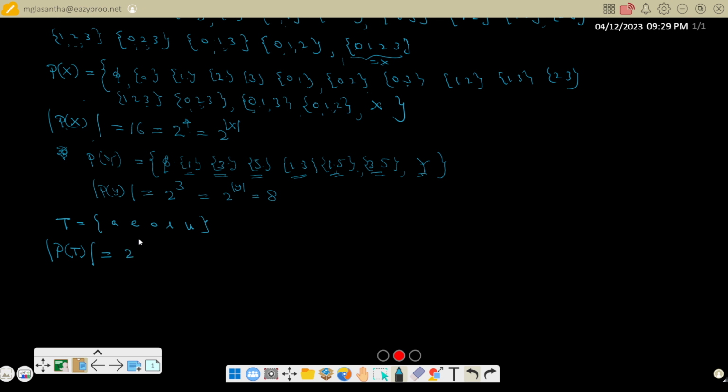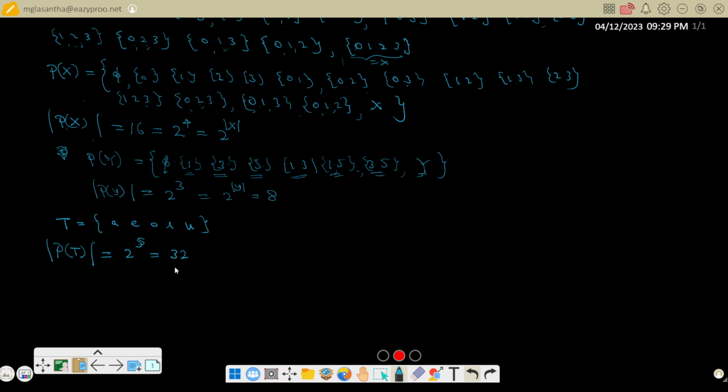2 to the power of 5. Okay. 32. Is it clear? So if you write all the subsets of T, you can write 32 subsets.